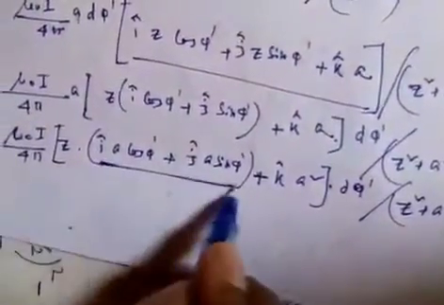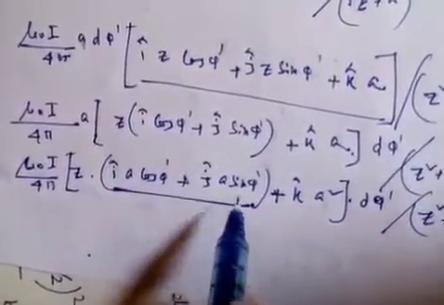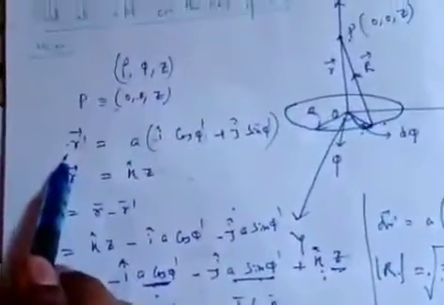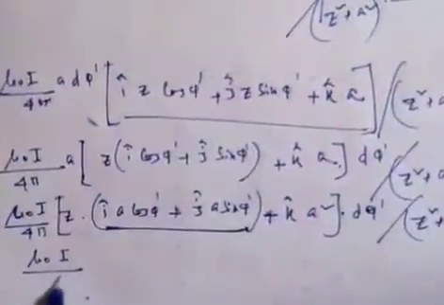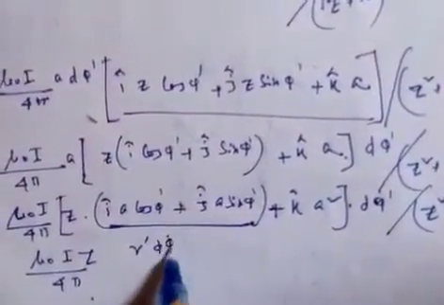Now this one, i cap a cos phi prime plus j cap a sin phi prime, is nothing but the r prime vector. Okay, now put here mu 0 I by 4 pi into z r prime d phi prime.